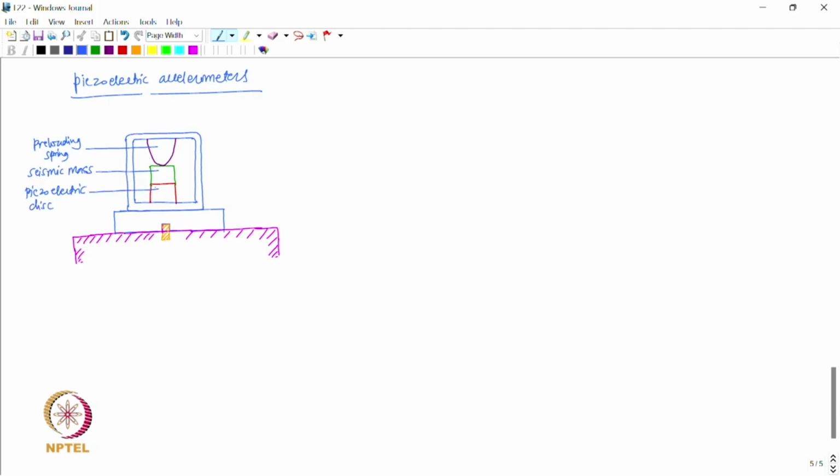Then we have these conductors which collect the electric charge developed on the piezoelectric crystal surfaces like this.